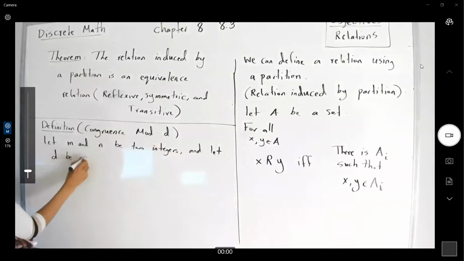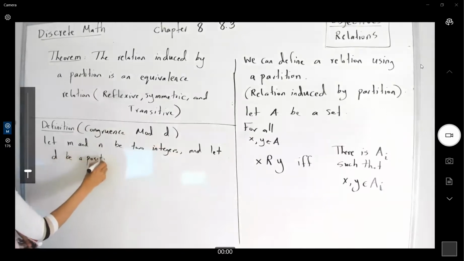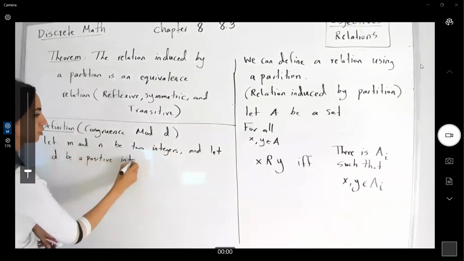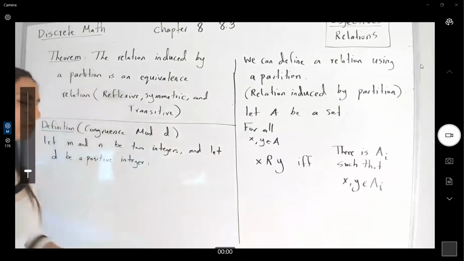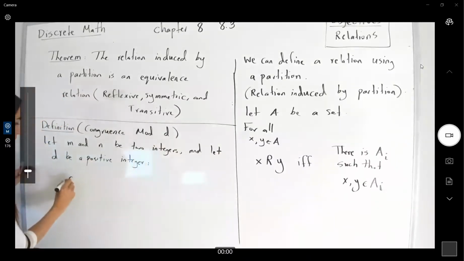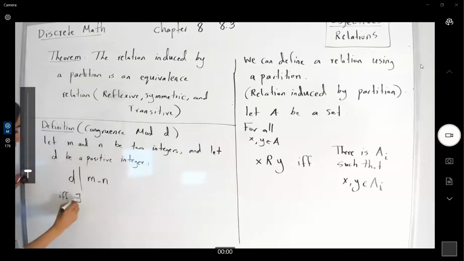Remember that we had this definition of divisibility. We said that d divides m minus n if and only if there exists another integer like k with this condition, m minus n is equal to d times k.